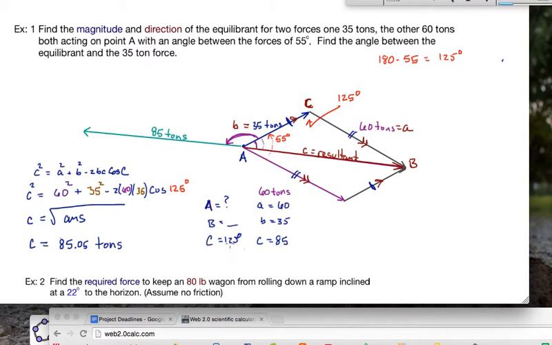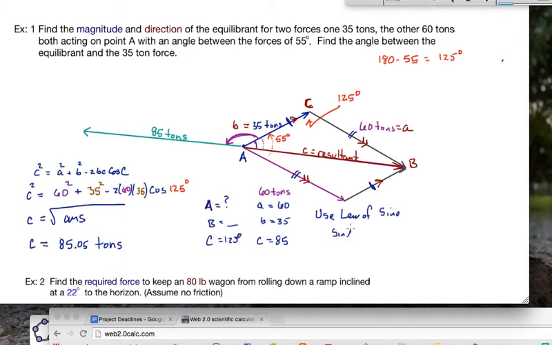So I know angle C and little c, and I know little a, and I don't know big A. So this tells me to use the law of sines.